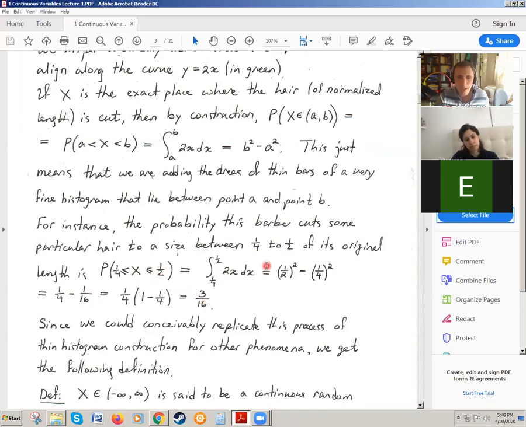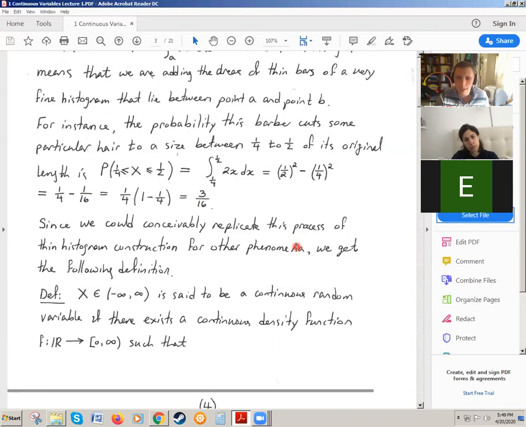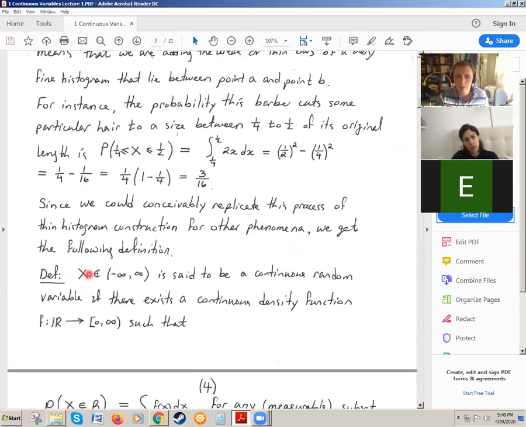Okay, so this motivates the definition of what it means for a random variable to be continuous. A random variable that takes real numbers is said to be continuous if there exists a probability density function, which is a function from the domain of x to 0 to infinity.